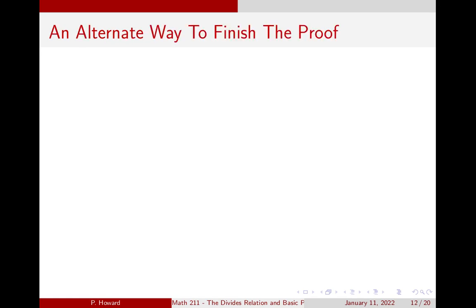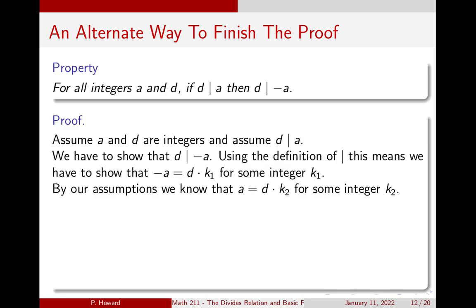Here's an alternate way to finish the proof that we just did. Up to this point, where we have rewritten our assumptions, this proof and the proof on the previous slide are going to be identical. So by our assumptions, we know that a is d times k2.